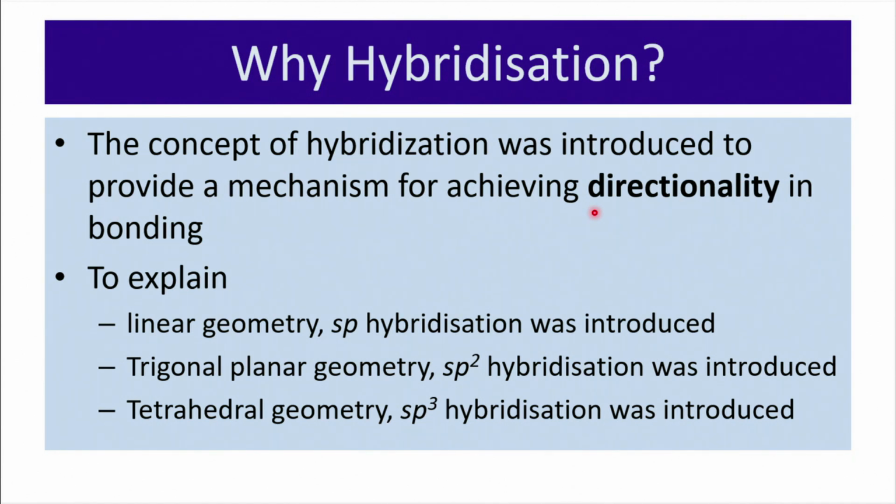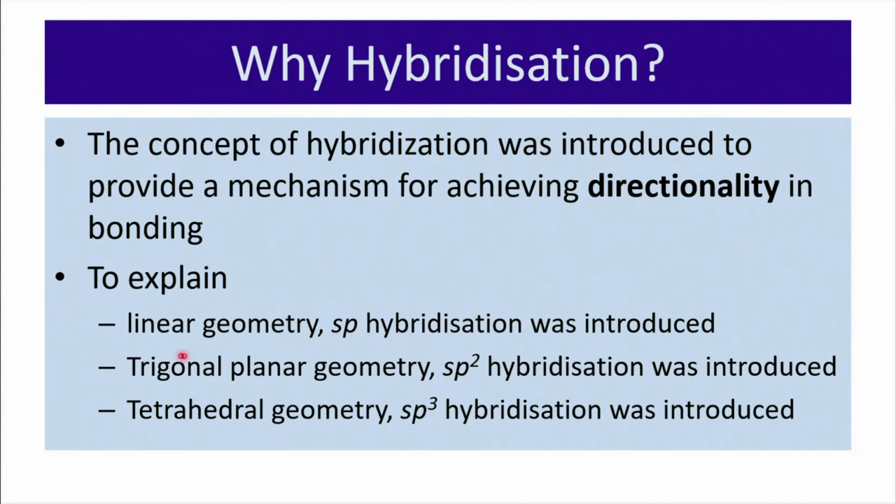How the tetrahedral shape is formed, that is the directionality of the bonding, is explained by the hybridization concept. The geometry is the most important observed phenomenon, and to explain the observed phenomena, the hybridization concept was invoked.